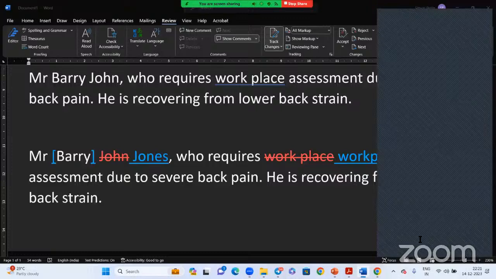Redundant means the word is important or not important. This is called repetition, vocabulary repetition. That means repeating the same words again and again. Barry Jones, Jones, Barry Jones. Repetition. Is it important?